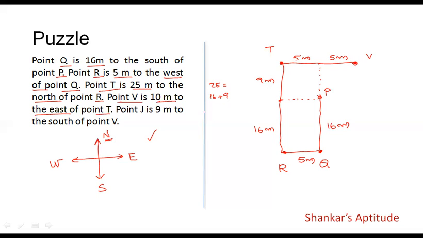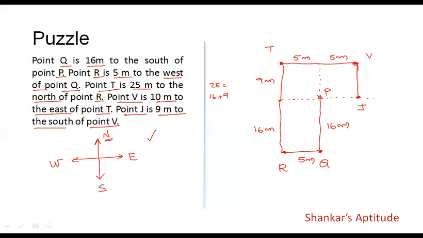Now it is given point J is 9 meters to the south of point V. So point V is located here. South of point V means it will be in this direction, downwards. The distance is 9 meters. We can just extrapolate this line here, and exactly at this point, point J will be located.